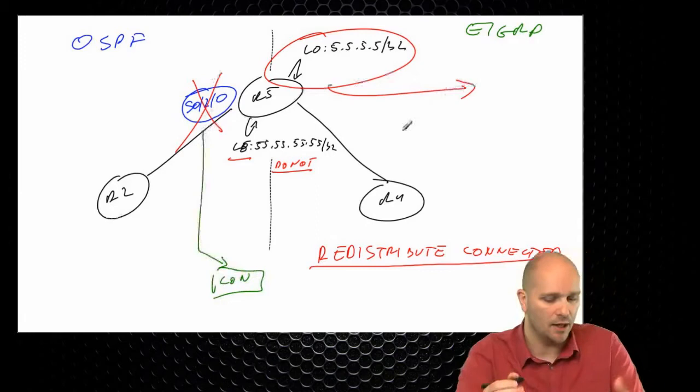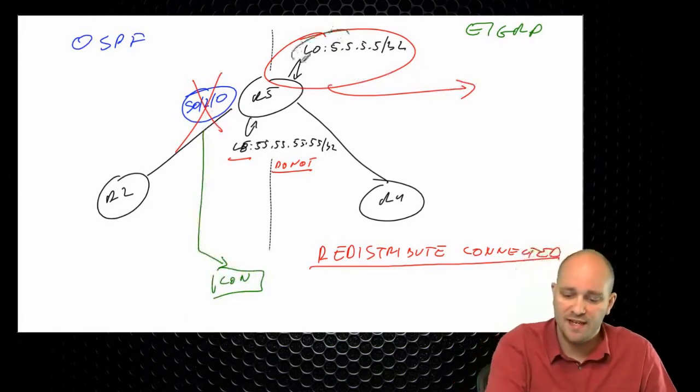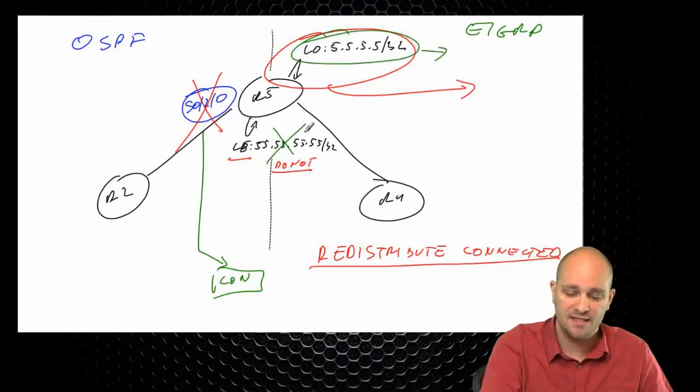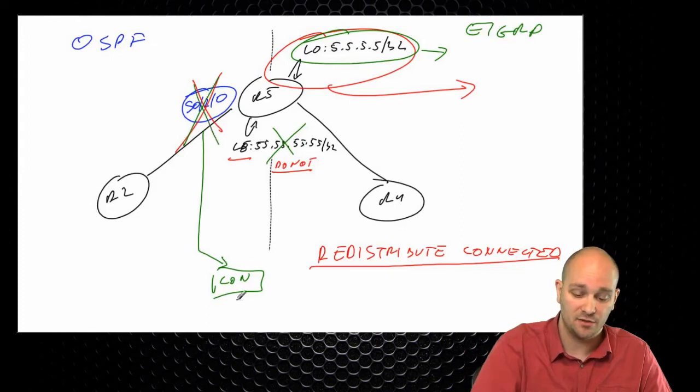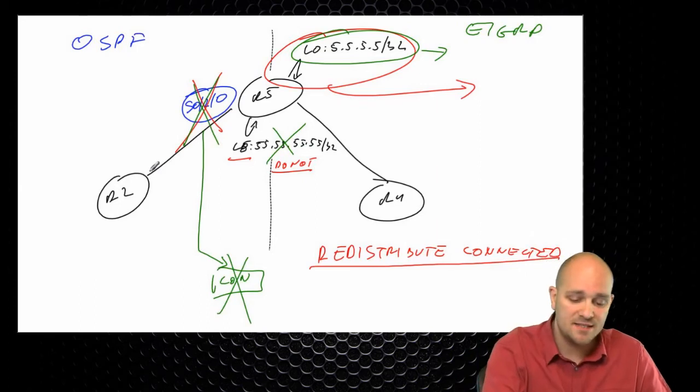So what have we done there? We have created a route map that allowed only this interface to be redistributed into EIGRP, and it filtered out this interface, actually this interface here. So this is why this route is now not in the routing table.